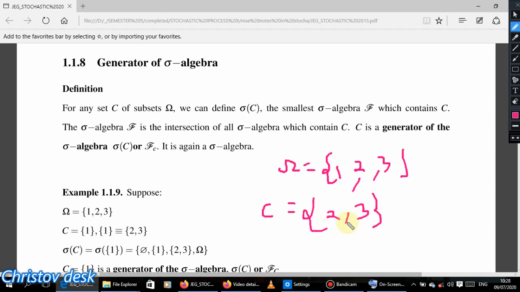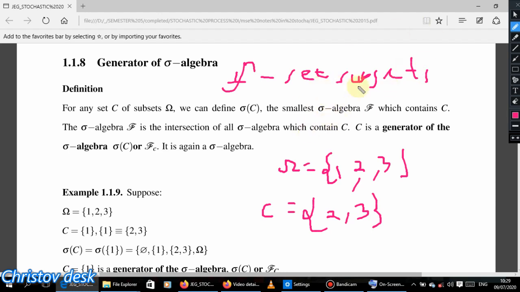Remember that we say sigma algebras are collections of what? Subsets. A sigma algebra is a set that contains subsets.